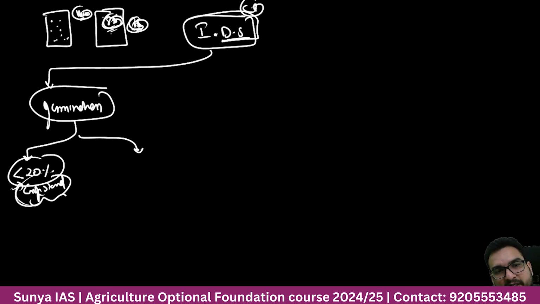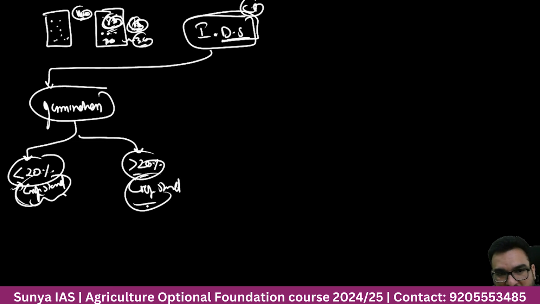The second condition can come: what if only 70 seeds are able to germinate and 30 are not able to germinate? Then I know that it is greater than 20%. So I'll say here that greater than 20% of the crop stand is being lost. What will I do? What plan do I have for this condition?